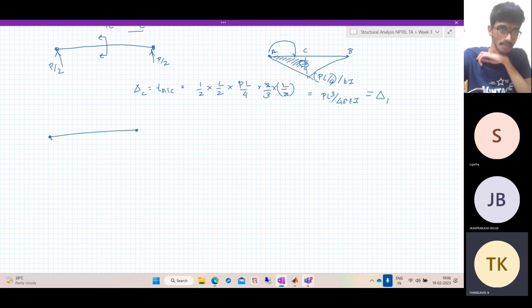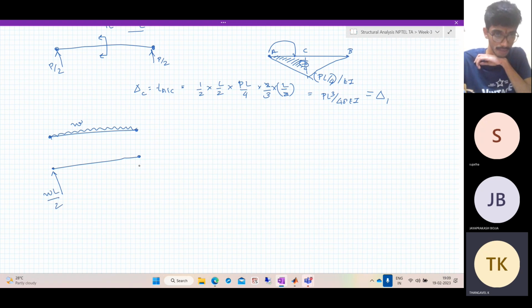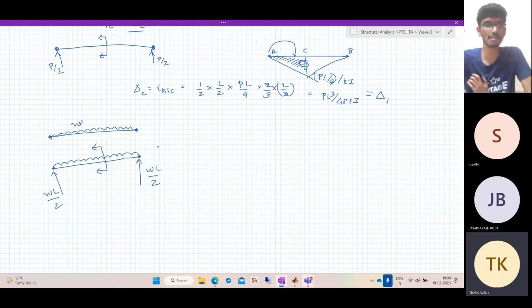when you have a distributed loading of W, the bending moment is quadratic. You know that. If you're not clear about it, this will be WL by 2. Take a section here, and there will be moment from distributed forces acting all along.